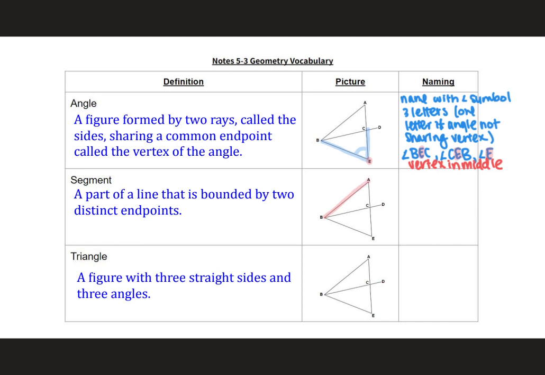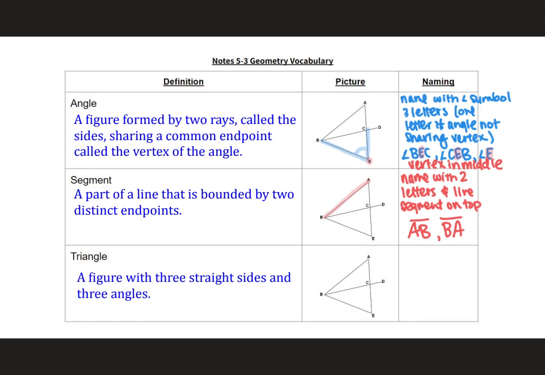And the way that we name a line segment is with 2 letters and a line segment on top. So for instance, we would name this AB or BA. The order of the letters for this case does not matter.